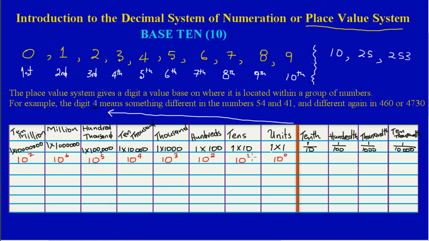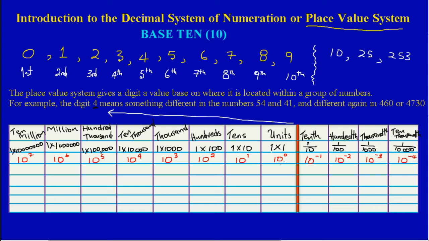Okay? Now, I've said this form that I'm representing my place value system in is the exponential form. Now, as I move across the decimal point going to my right, this would be 10 to the negative 1. And this would be 10 to the negative 2. And this would be 10 to the negative 3. And this would be 10 to the negative 4.